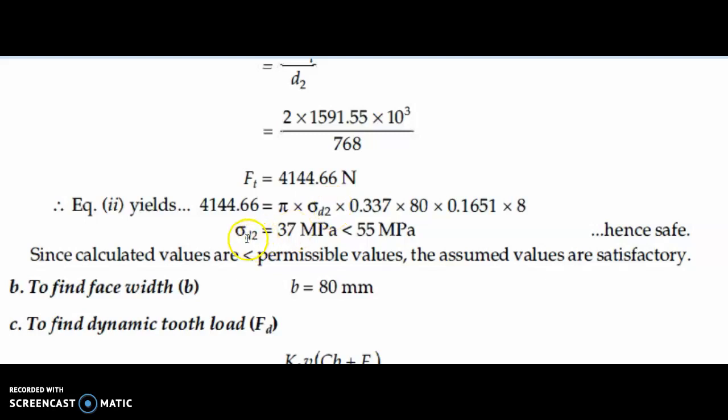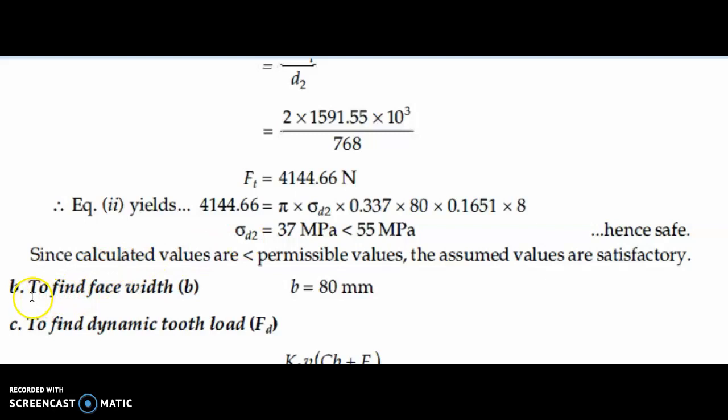Then sigma d2 we calculate as 37 megapascal, which is less than the given value. The given value is 55 megapascal, so the calculated value is less than the permissible, so the assumed values are satisfactory. So the design is safe, and we can go for further calculations.